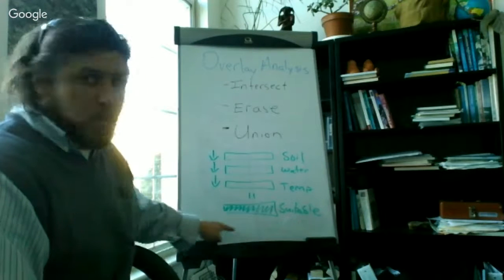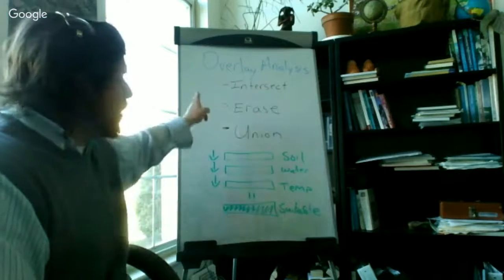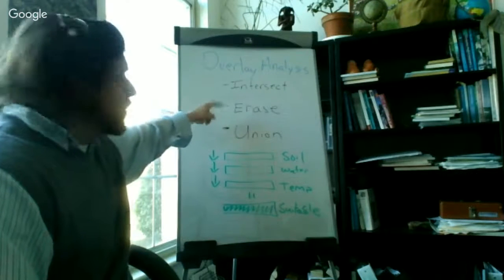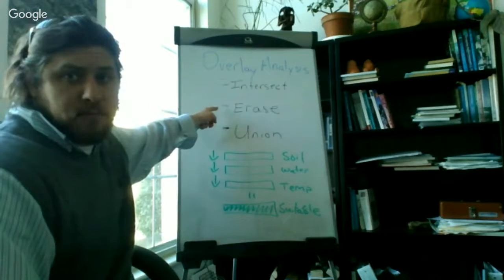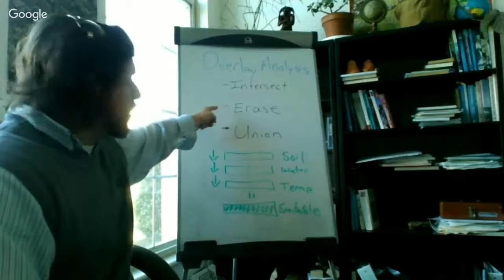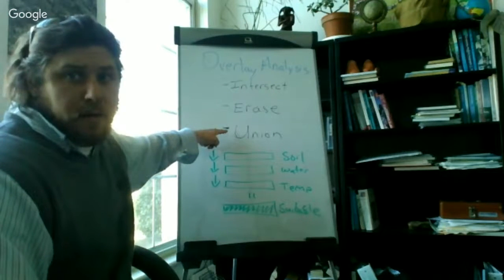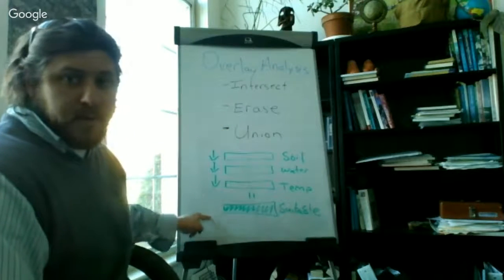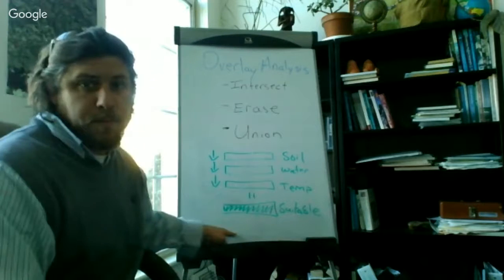To go back to what we're trying to accomplish in an overlay analysis, we're using tools that intersect layers, that erase locations from other layers, or that combine layers together. We're doing all of this typically to identify places that are most suitable for something.